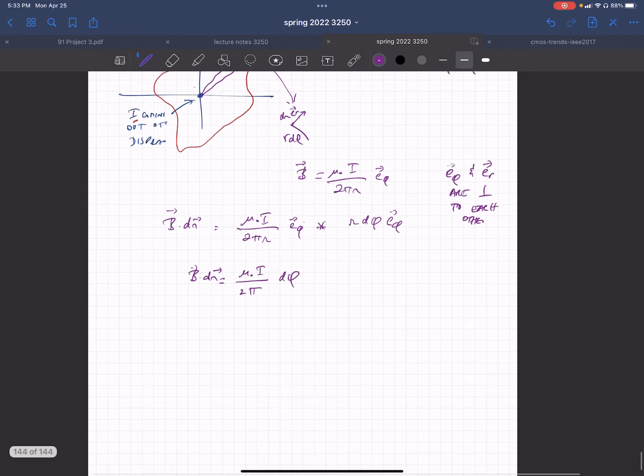And then if you integrate over the whole surface, you end up with mu naught I over 2 pi times 2 pi, or mu naught I.